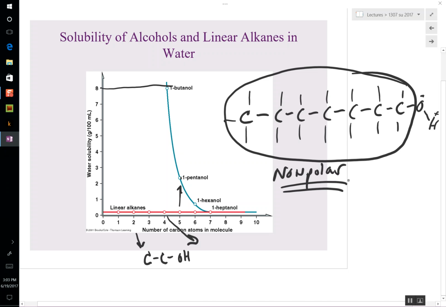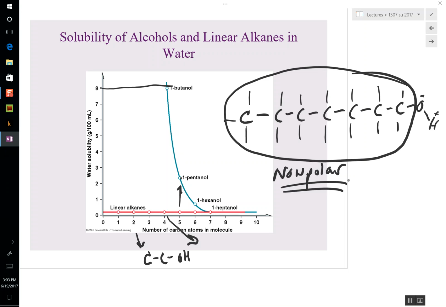So the non-polar component of this molecule is now so big that it's overpowering the little bit of polarity you're getting out of one OH group. Does that make sense? All right. So this isn't polar enough to make this big, huge molecule attracted to the water and get into the water.